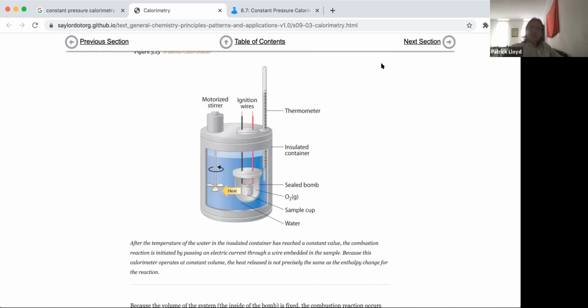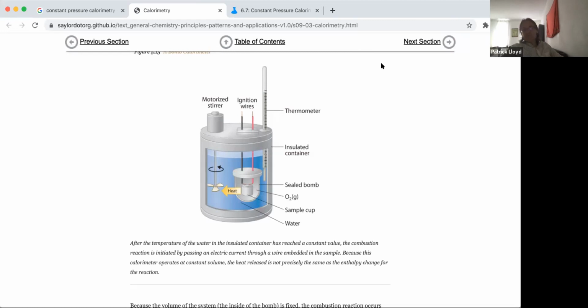You hit the switch, which applies the voltage to the wires, and that produces enough heat in the wires to ignite the reaction. It might not ignite in air because there's just not enough oxygen in air, but in that high pressure oxygen, the reaction will ignite. You'll get a very rapid combustion. In less than a second, this sample will combust.